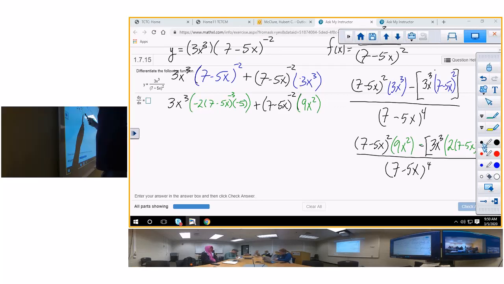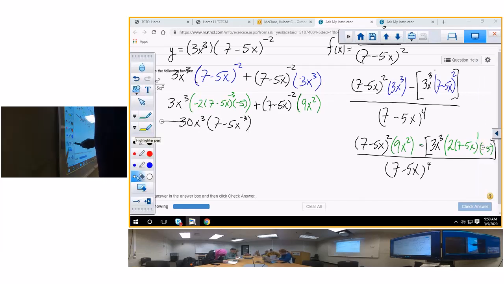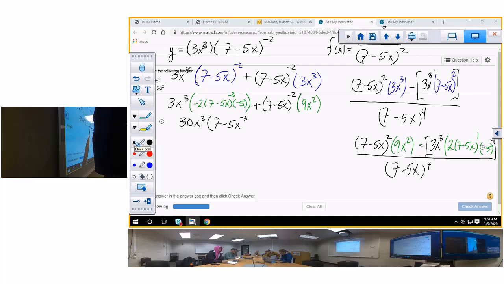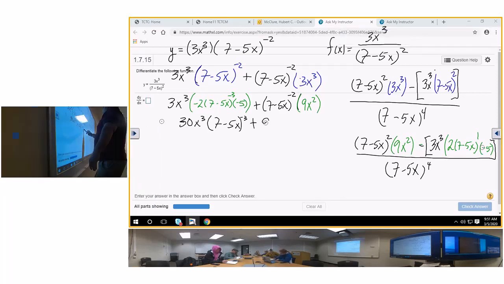What's negative 5 times negative 2? 10 times 3, 30x to the third times (7 minus 5x) to the negative 3, plus 9x times (7 minus 5x) to the negative 2.